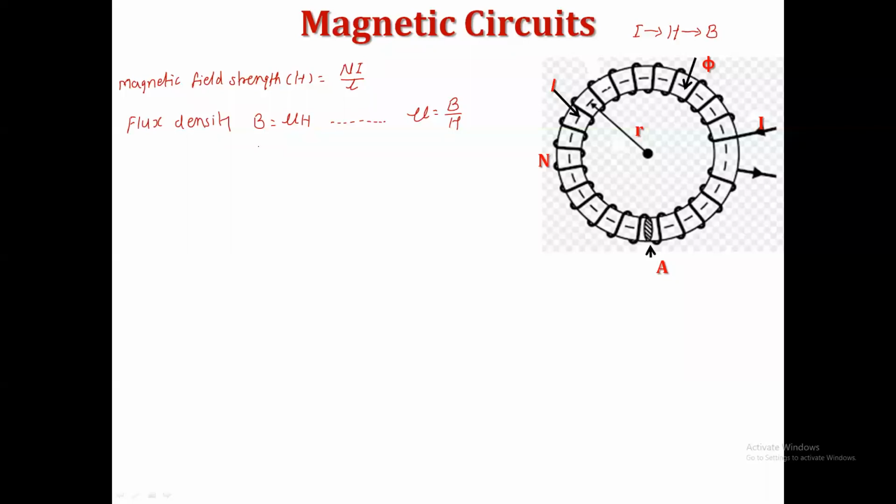I got here B is equal to mu Ni upon L. I just put that value of H in that formula. But according to the definition of a flux density, what is the definition of a flux density? B is equal to what?